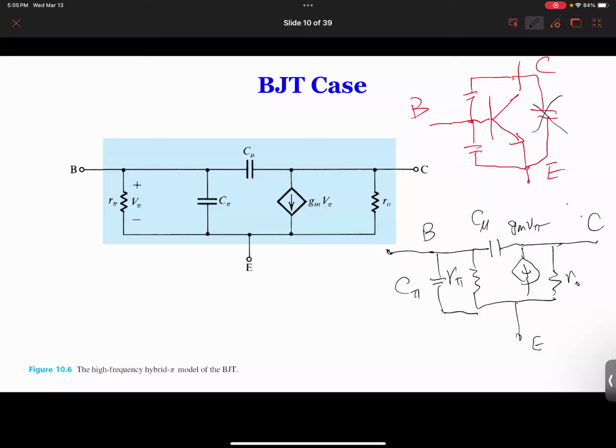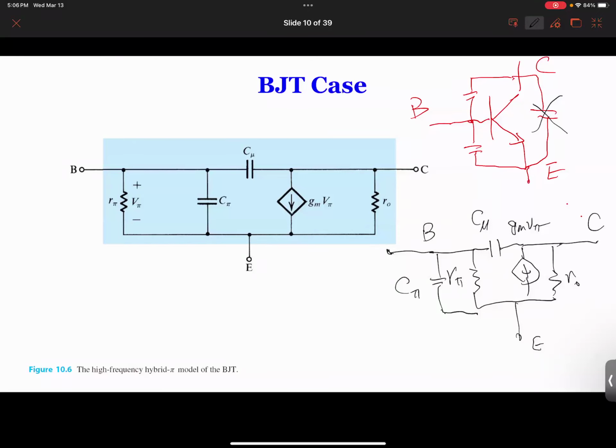If you look at this circuit, this is pretty much similar to the previous circuit we had for the MOSFET, except this R pi over here. For MOS, there's no R pi. That's the only difference. Otherwise, the capacitors are going to be added. They're called different names. The book also gives you equations for how to calculate C pi, C mu, CGD, CGS, and so on.